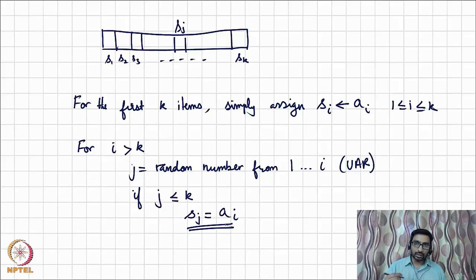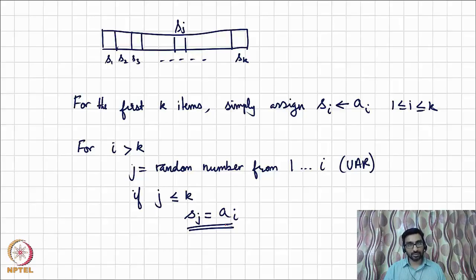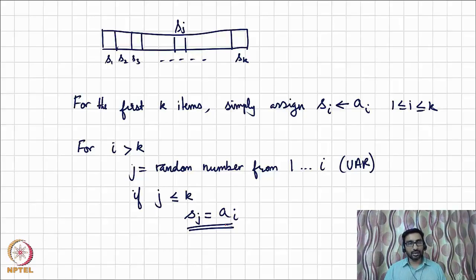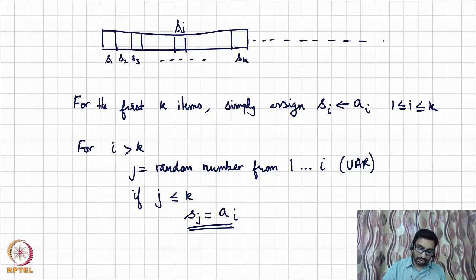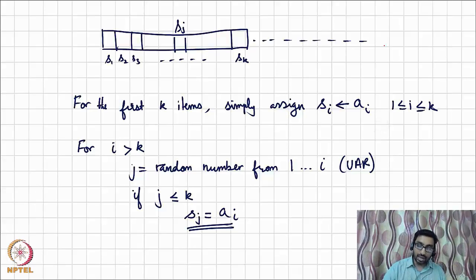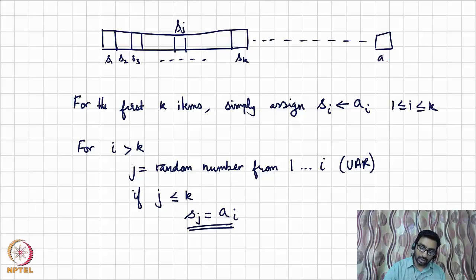So let me give you a little bit of intuition for why this works. The first k items we have to fill in, because if the stream stops at k, there is only a single k-item subset, and that must be the subset that is output. Now think of the stream as extending past these first k items, and consider the item ai.